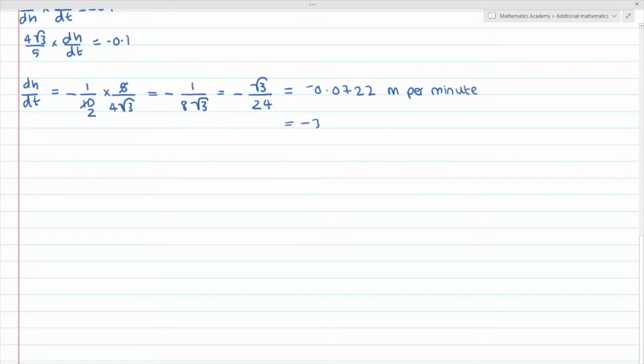So that's just negative 7.22 centimeters per minute. And so we can say that h decreases at a rate of 7.22 centimeters per minute.